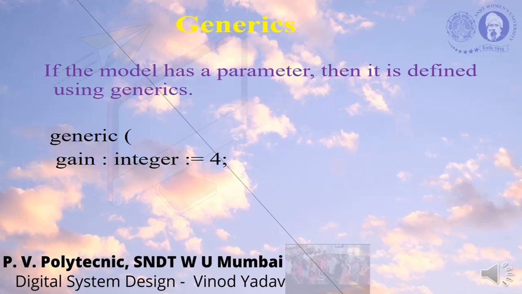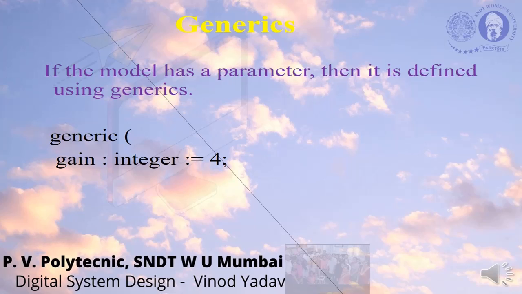The assignment pattern for a generic is colon equal to, and the data type declaration is like the previous example, after the colon. So the name of the generic is gain, it is an integer whose value is 4.